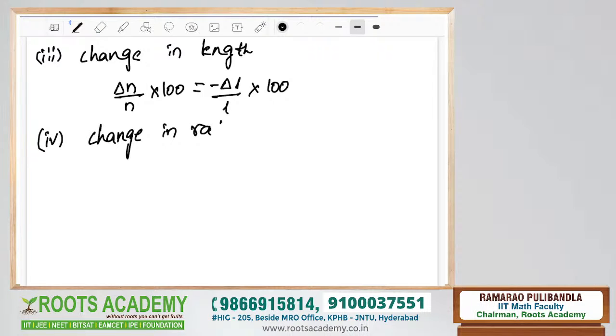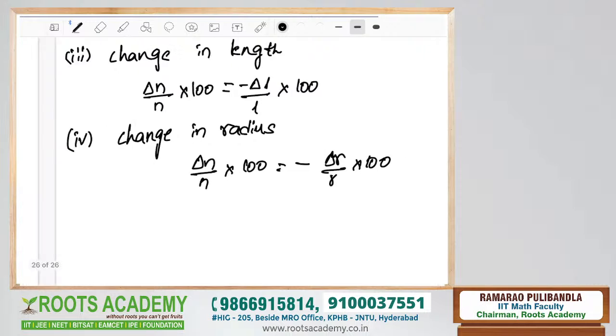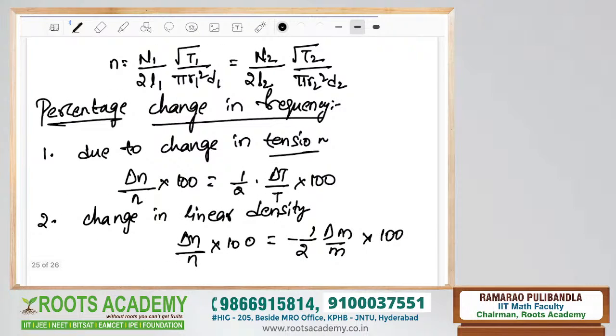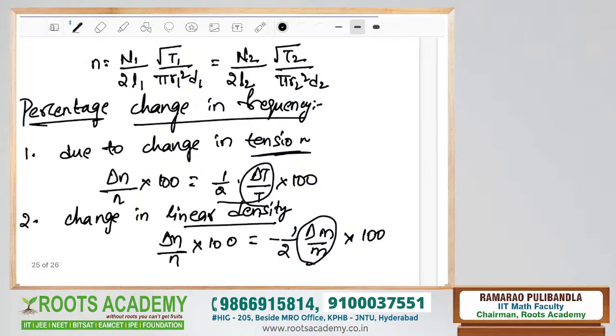When there is a change in radius, the frequency change is delta n into 100 equals minus delta r by r into 100. So we are observing common cases. If there is a change in tension, it would be delta T by T, and if there is a change in linear density, that is considered as delta m by m.